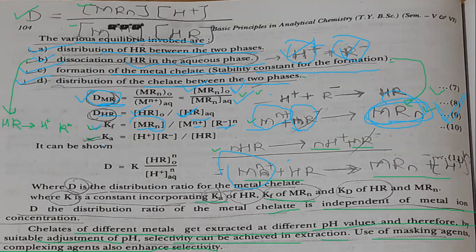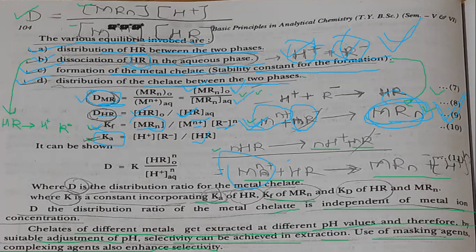Okay, now what is Ka? That is the dissociation of acid. Applying the law of mass action to this reaction, Ka is equal to concentration of H plus ion into concentration of R minus ion upon concentration of HR. It has dissociated, right?